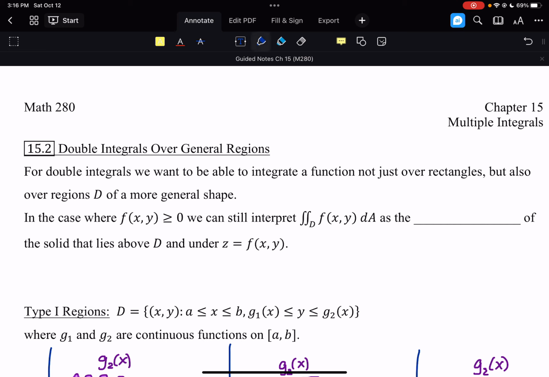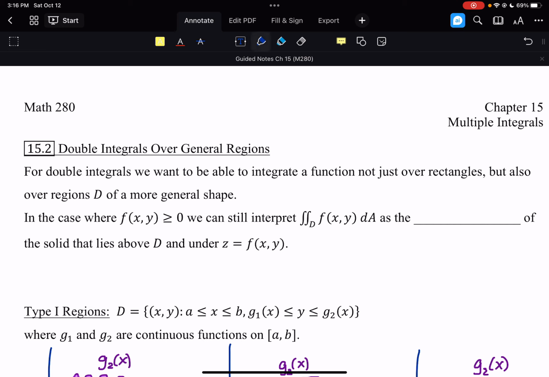So we evaluate this integral first with respect to y. Once we are done with the antiderivative, we're going to substitute in these values. These are not necessarily numbers anymore. These are functions of x. So you're going to be replacing all the y's in your antiderivative with functions of x.